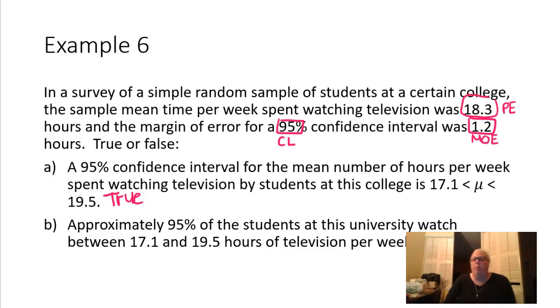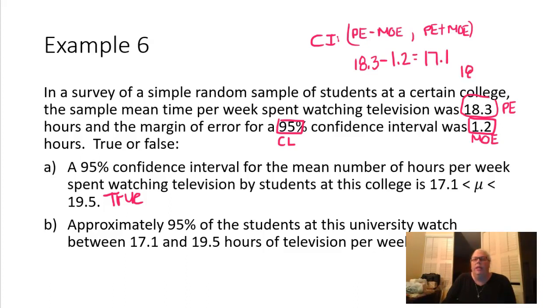So since we have a point estimate and we have our margin of error, remember our confidence interval is our point estimate minus the margin of error, and then our point estimate plus the margin of error. So let's see, our point estimate 18.3, if we subtract the margin of error, which they said was 1.2, that is going to give me 17.1, which is the number that I have over here on the left-hand side.